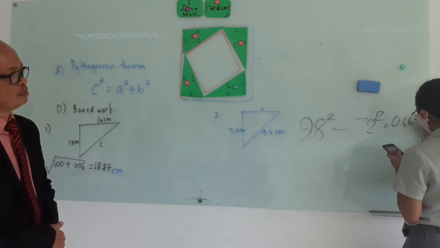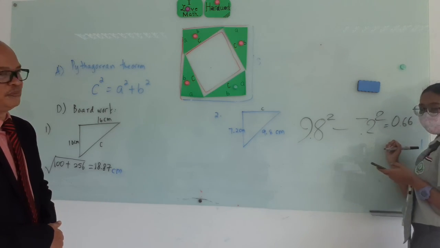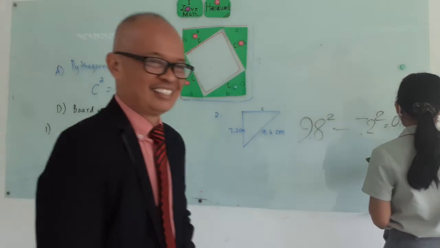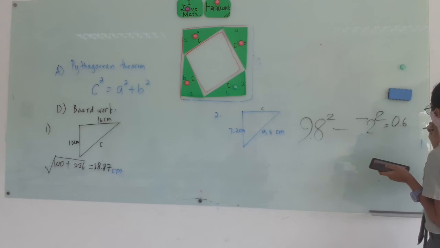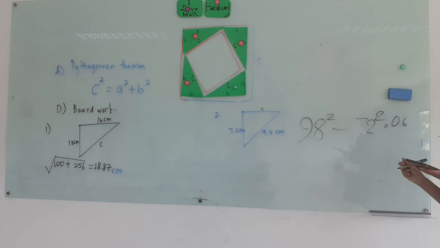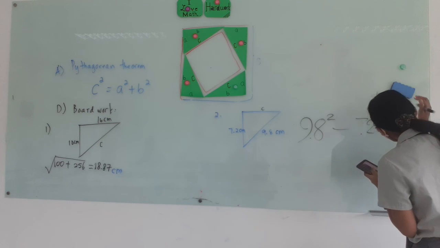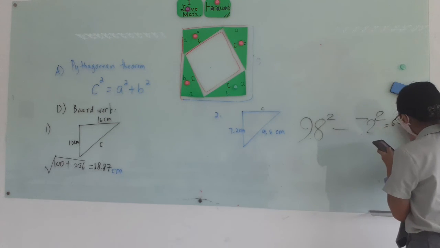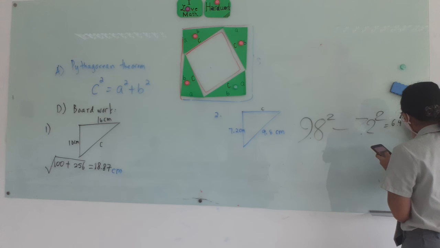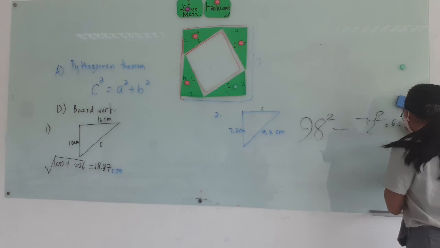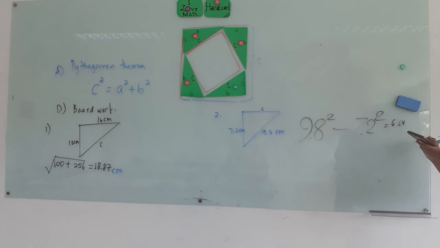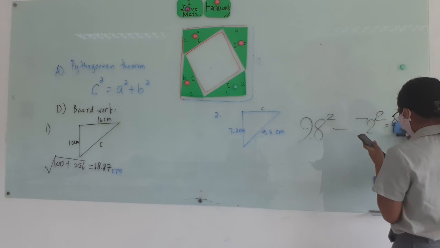Can you make it bigger? 6.65. Rounded number.